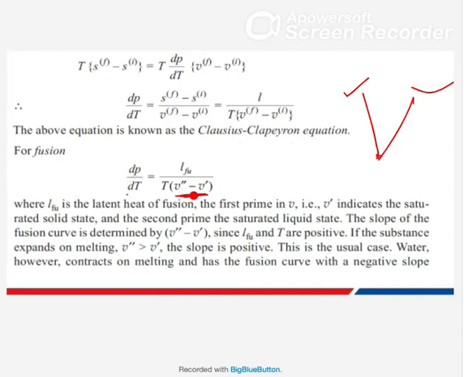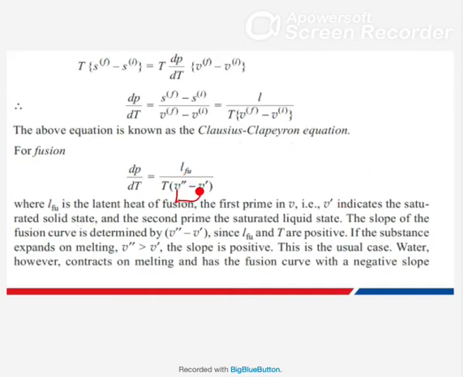Now for any other substance, V' indicates the solid state and V'' indicates the liquid state. When you go from liquid to solid, the volume reduces for other substances. If the volume reduces, then V'' minus V' will become positive.